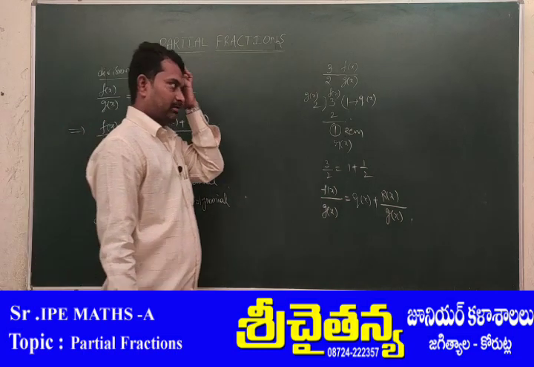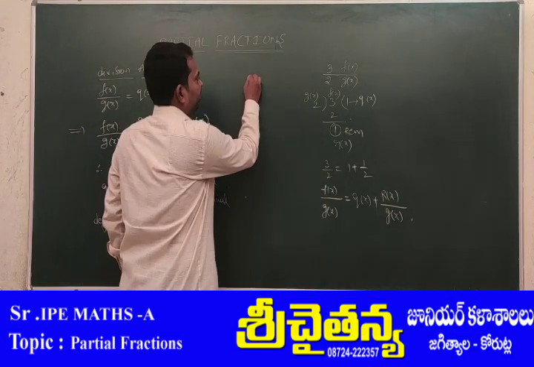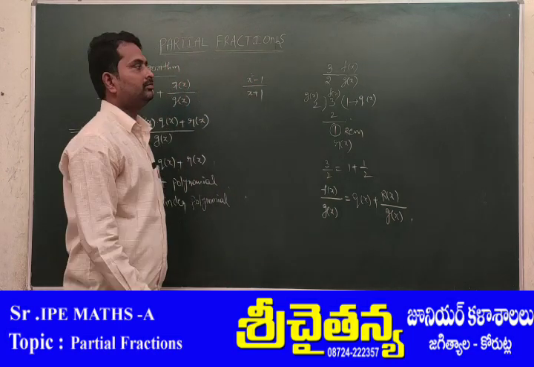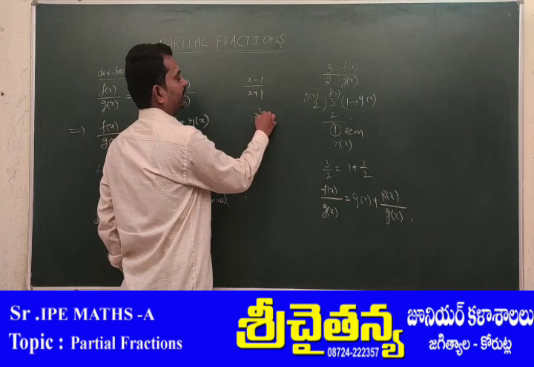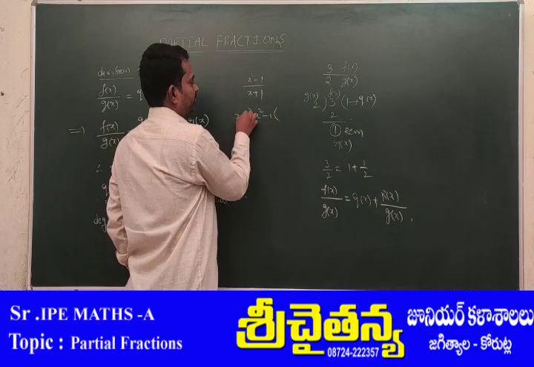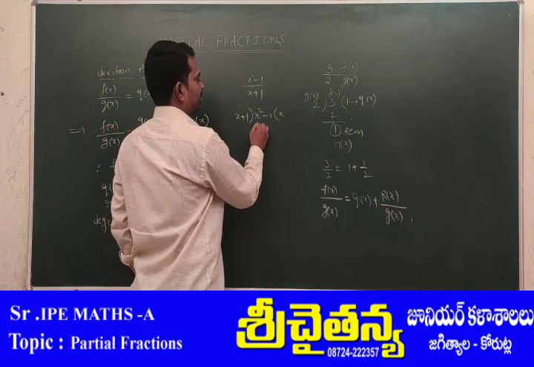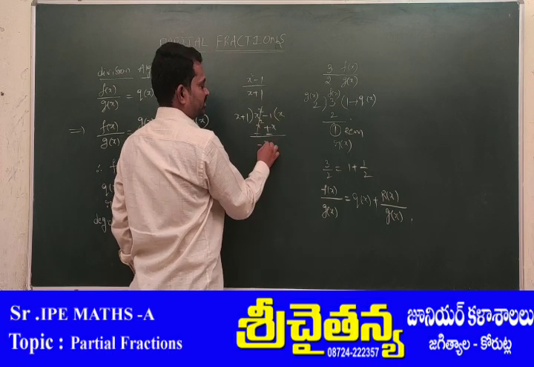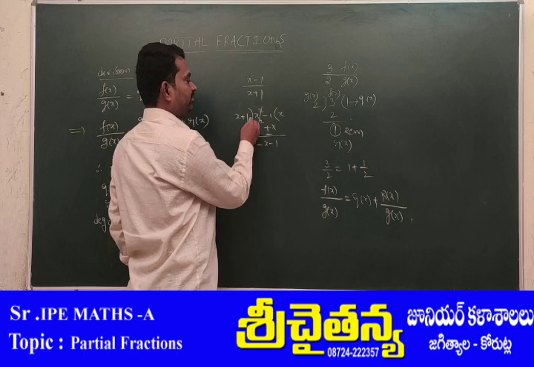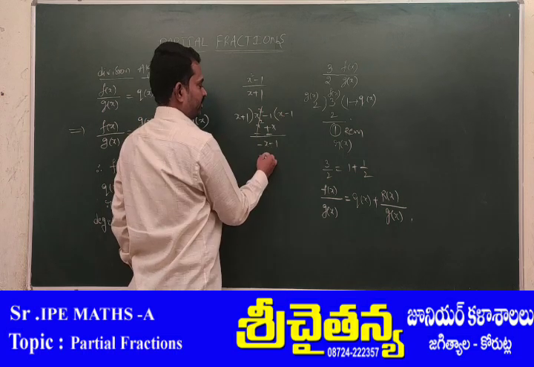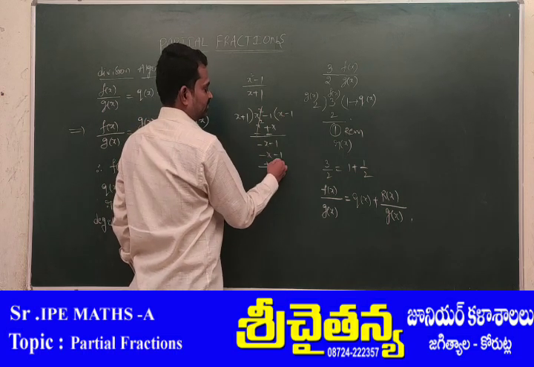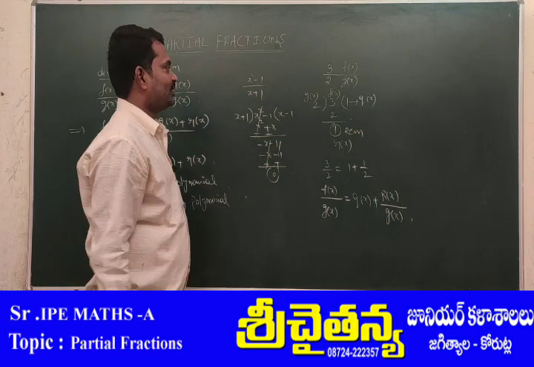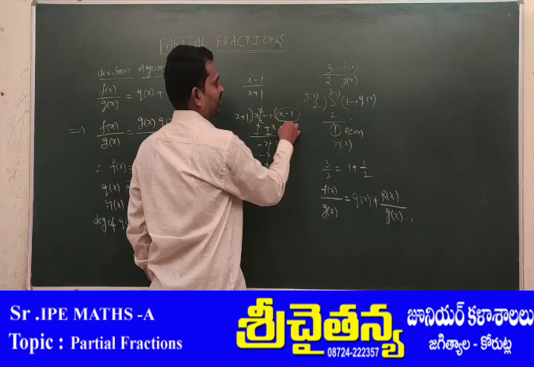Why? Because, well, let us take one example. x square minus 1 by x plus 1, meaning x square minus 1 is divided by x plus 1. Just take x square plus x, then minus x minus 1, plus cancel. Here we are getting the remainder 0. What is here? x minus 1. This is the coefficient polynomial.